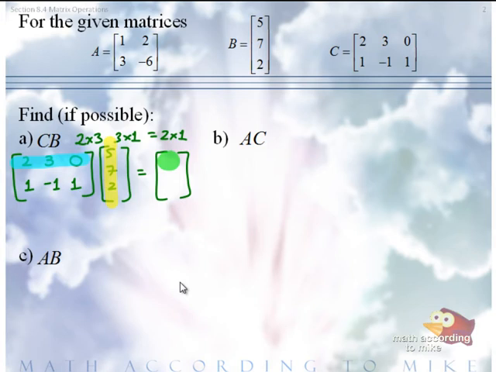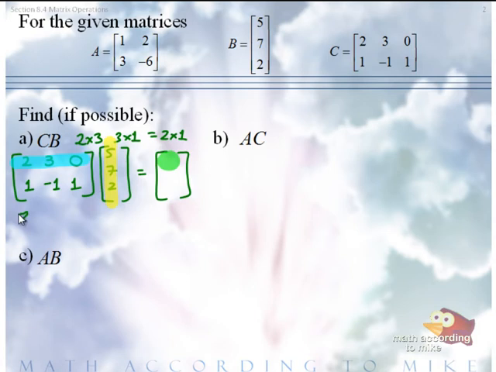So to find the 1, 1 entry, you multiply the first row of the first matrix by the first column of the second matrix. So you're taking this statement over here. The I is a 1, the J is a 1. To find the 1, 1 entry, multiply the first row of A by the first column of B.